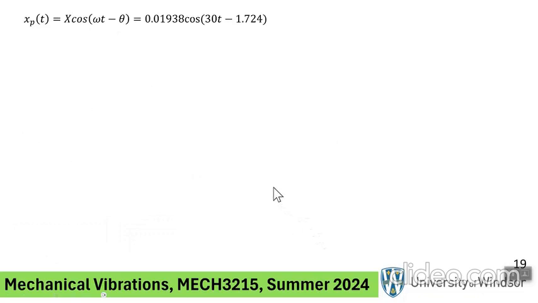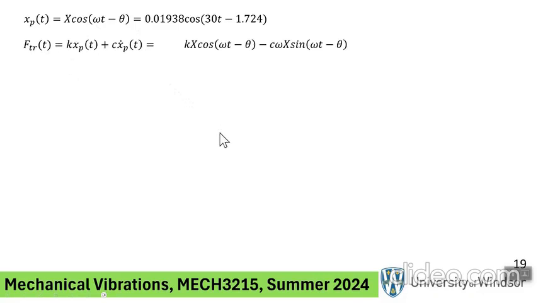Now, the second part, it says determine the steady state displacement. We did that as a function of time, and the maximum force transmitted to the base. Okay. So here's the solution. Here's the whole shebang. So what is transmitted to the base? Well, there is a force of the spring, which is k x_p, plus the force of the damper, which is c x dot p. So we literally have to put the k here, multiply it by that, differentiate this thing, multiply it by c, and it's done.